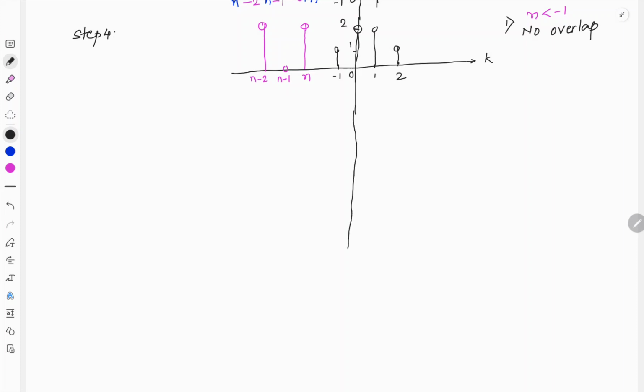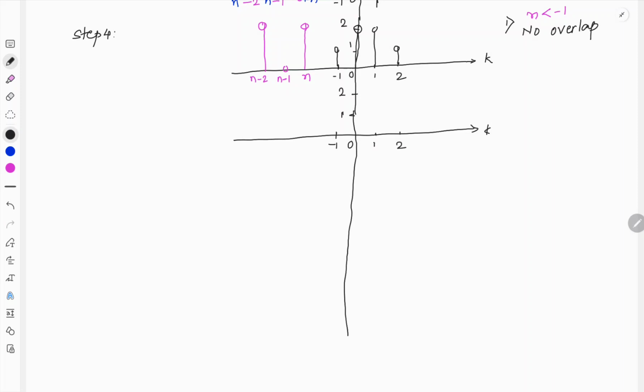So let us draw the next condition where the overlapping is going to start. For this again we have to draw x of k, h of n minus k with the desired value of n.